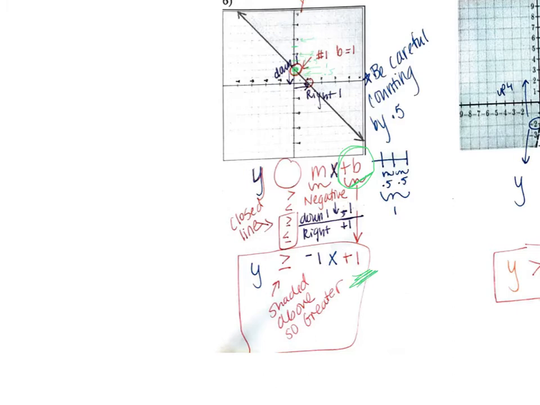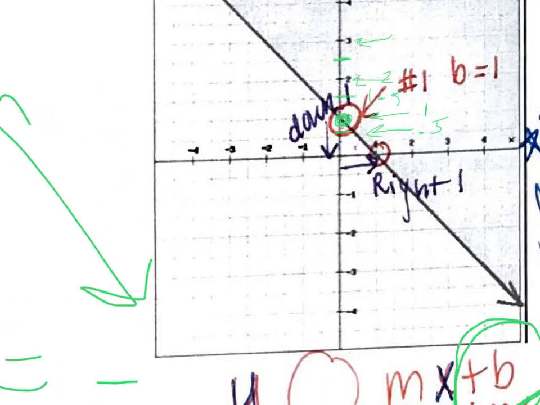Then the slope, we know it's negative because your line is falling, right? When your line's falling, your slope must be negative. And we do rise over run. So I go from one point to another. If I go from here to here, I would go down. Now be careful. Down a half, down 1, to the right a half, to the right 1. So I went down 1 and right 1.